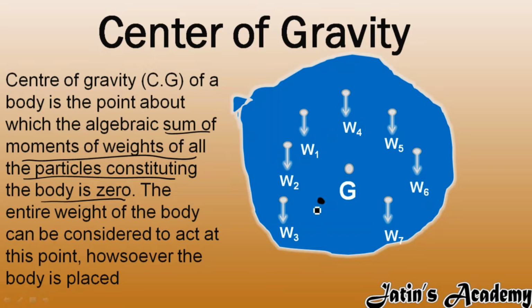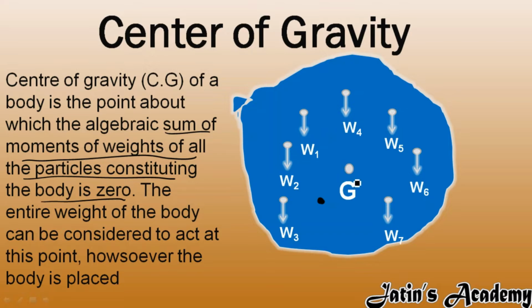I have to consider the center of gravity at that point where the sum of anti-clockwise moments and the sum of clockwise moments is 0. We know that anti-clockwise moment is taken as positive and clockwise moment as negative. When negative and positive counterbalance each other and the answer becomes 0, that point is called the center of gravity.